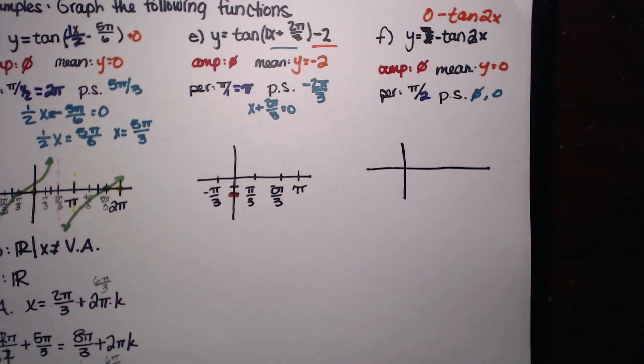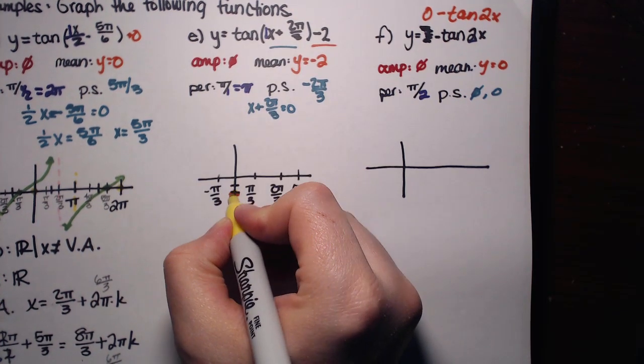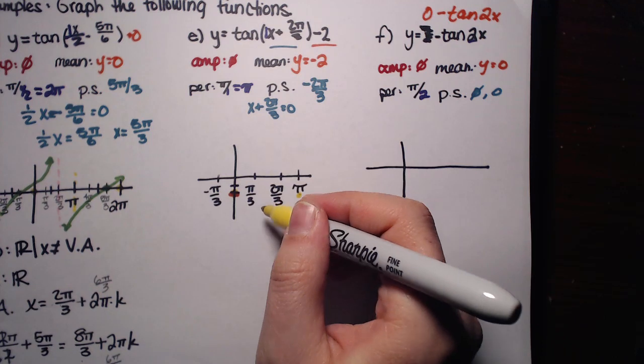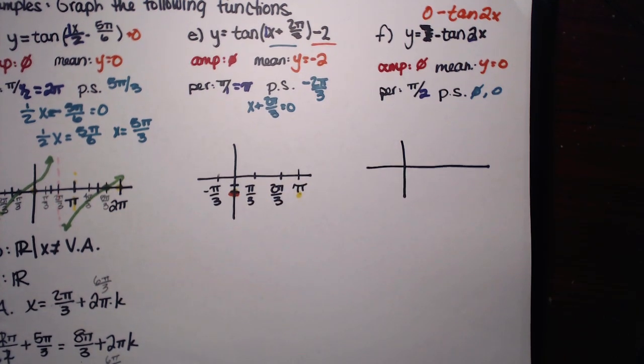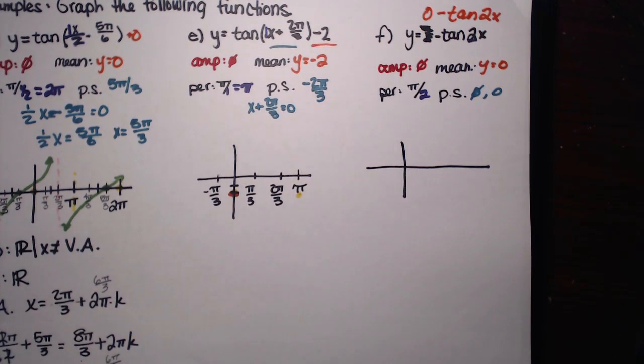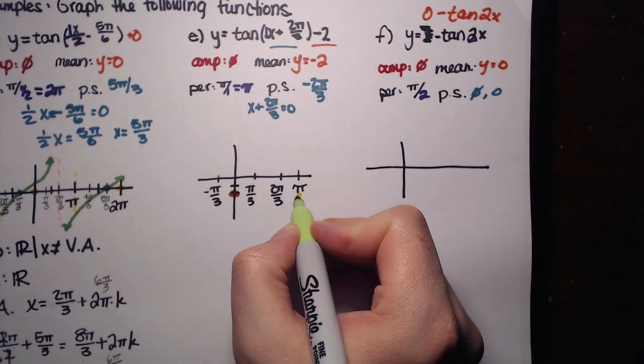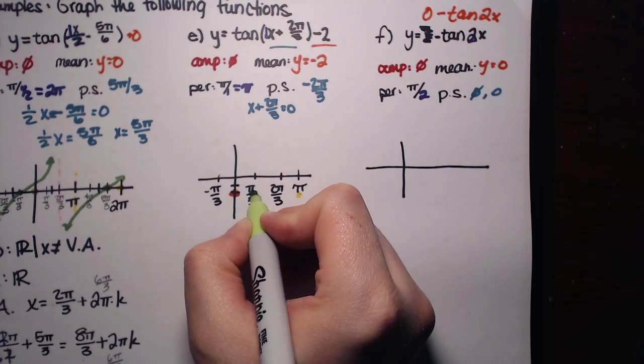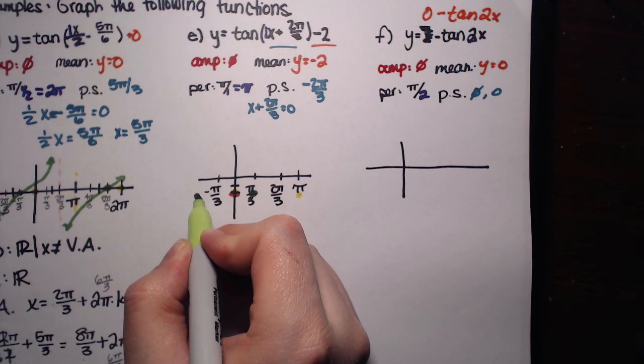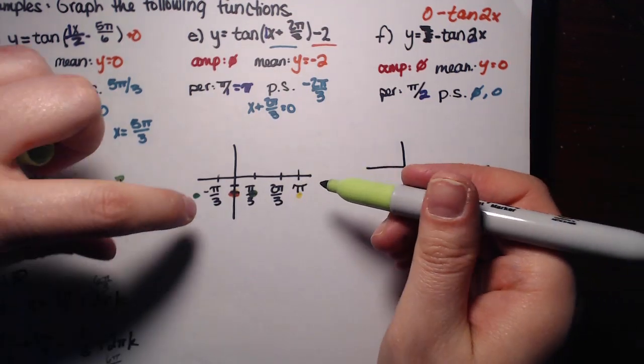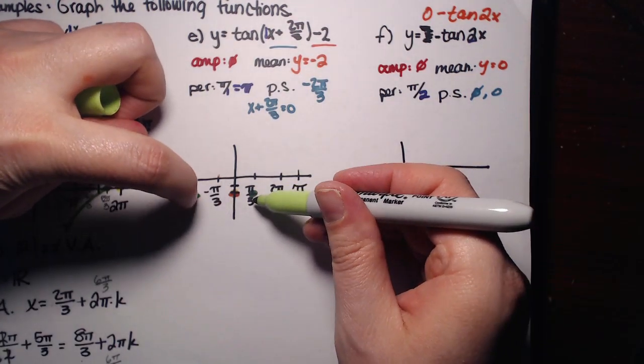And then the period is pi, so 0 and pi, and then halfway between, but we're moving this back 2 pi thirds, so back 1, 2. This would be back 1, 2. And so instead of halfway between these points, I need halfway between these points.